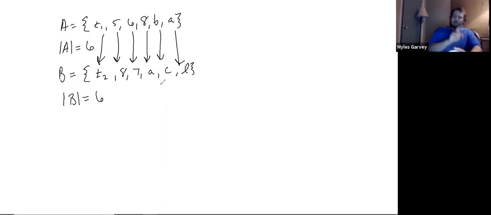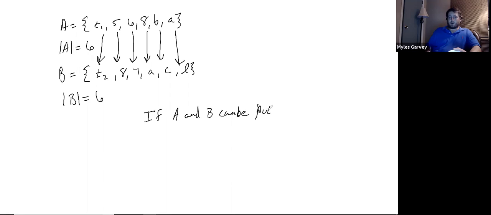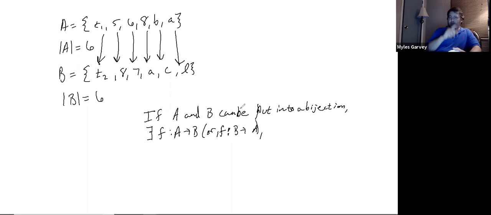That is, we can uniquely assign or uniquely map elements in set A to elements in set B. So at least in the case of finite sets, we have an interesting hypothesis here, which is that if A and B can be put into a bijection, that is, put more technically, if there exists a function f between A and B, or between B and A, doesn't matter, because if there's a bijection between A and B, there has to be a bijection between B and A. Think about that one.